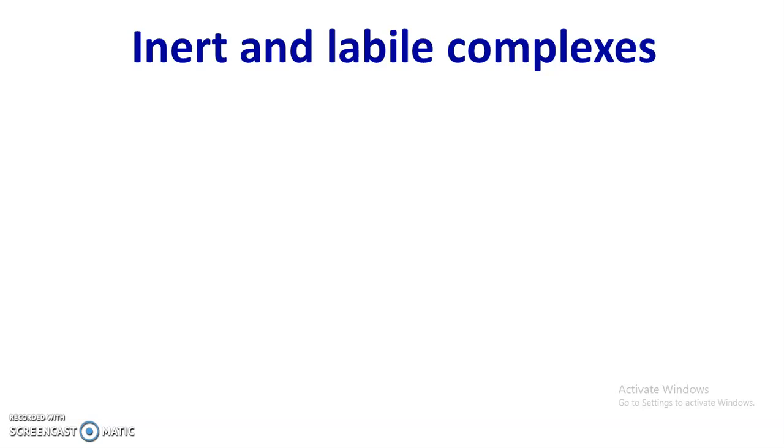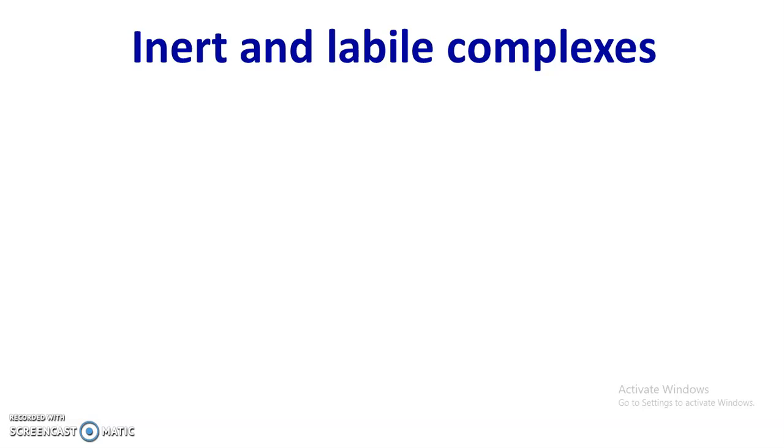The complexes in which ligands are replaced rapidly by other ligands are called labile complexes, whereas those complexes in which ligand substitution does not occur or takes place very slowly are called inert complexes.